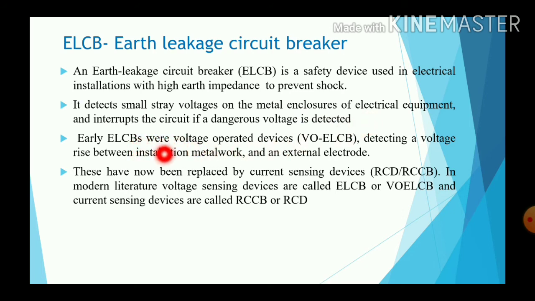Early ELCBs were voltage operated devices, represented by VOELCB, detecting a voltage rise between installation metalwork and an external electrode. These have now been replaced by current sensing devices such as RCD or RCCB. In modern literature, voltage sensing devices are called ELCB or VOELCB and current sensing devices are called RCCB or RCD.